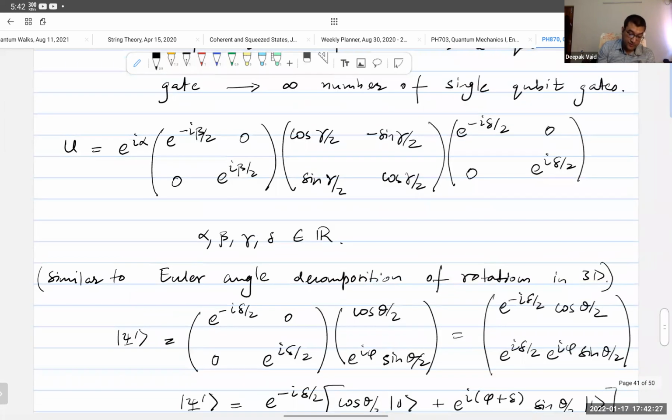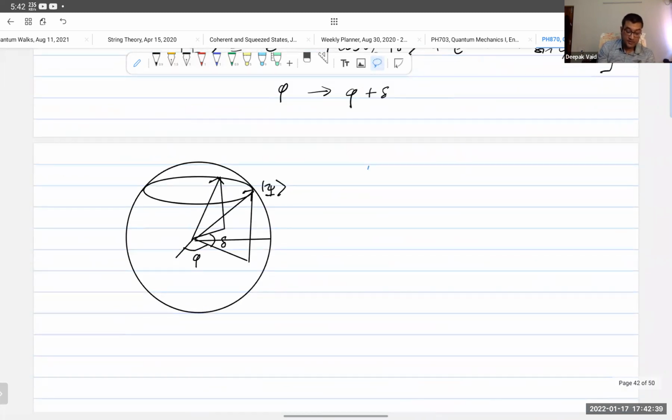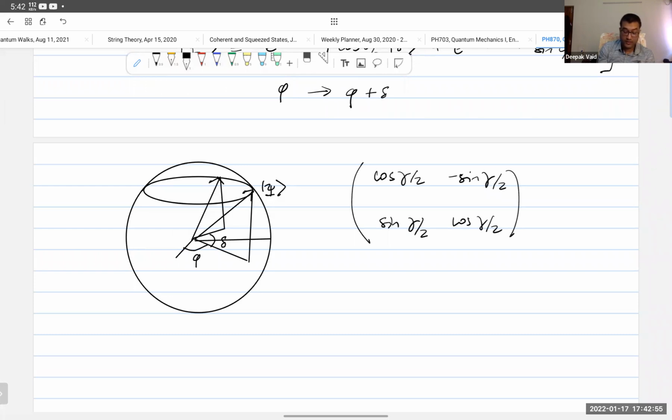Then you have this gate in the middle. Okay, and what is this? I don't know if you recognize it, but this is a rotation in 2 dimensions.